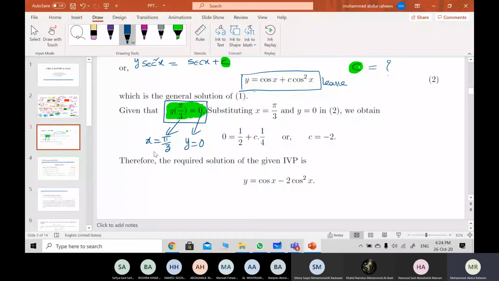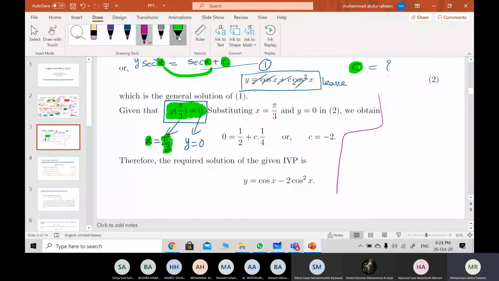To cancel this, no need. Just write here X, how much? X is 5 over 3, I need to write here and here.